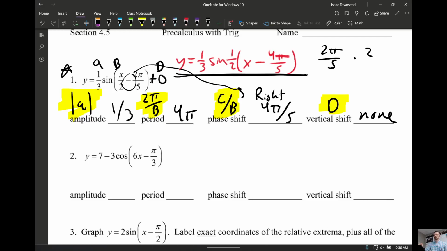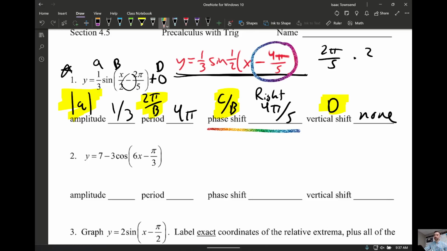So, I'm going over this one, even though nobody asked, because why do you think some people might prefer to write it like this one in red? Do you see how one of these is a lot easier if you write it this way? Which one? Right, the phase shift, this is already C divided by B. By factoring out that 1/2, it makes it easy to see what that's going to be.